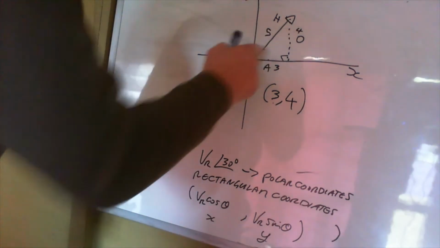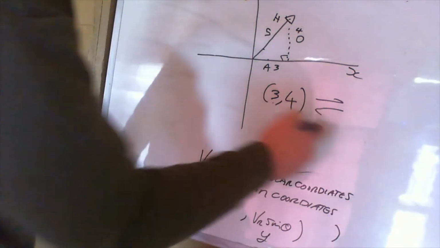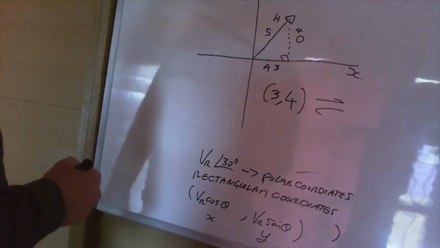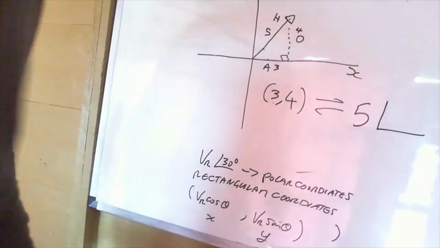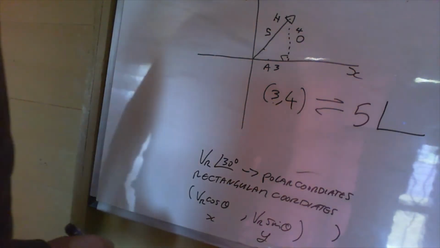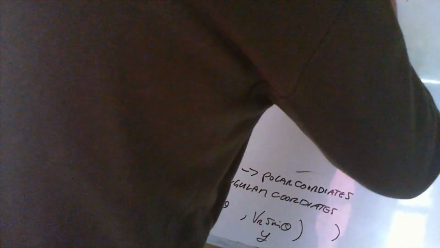And if you want to change that to polar coordinates, you would have to say the length of that is going to be 5, and you'd have to work out what the angle was going to be there. This angle here. Remember SOHCAHTOA.